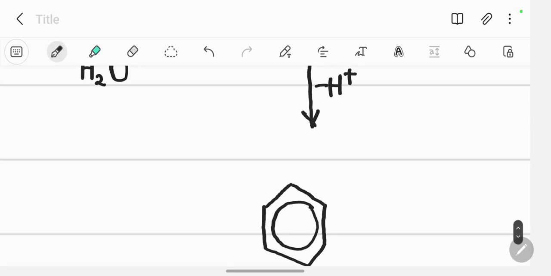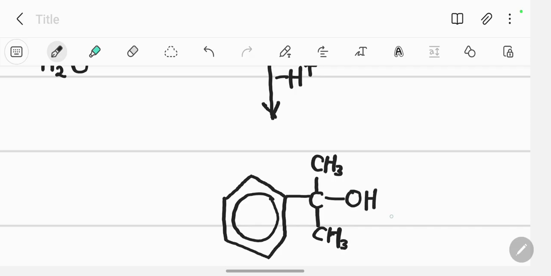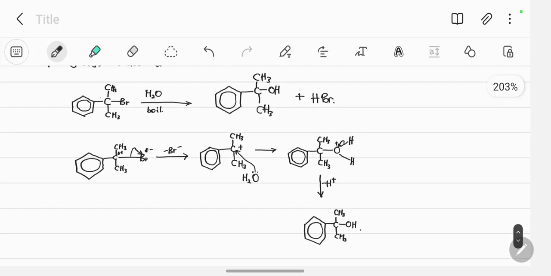So our benzene ring, carbon, CH3, CH3, and OH there. So that is it.